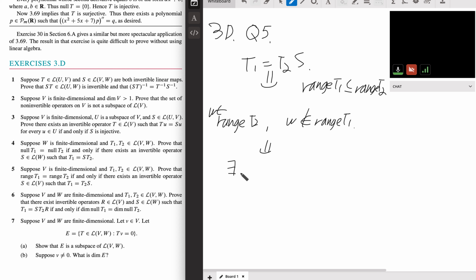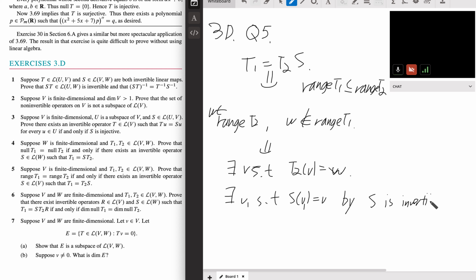So there must exist some V such that T2V is equal to W. There also must exist some V1 such that S of V1 is equal to V, because S is invertible and an operator over a finite dimensional space.